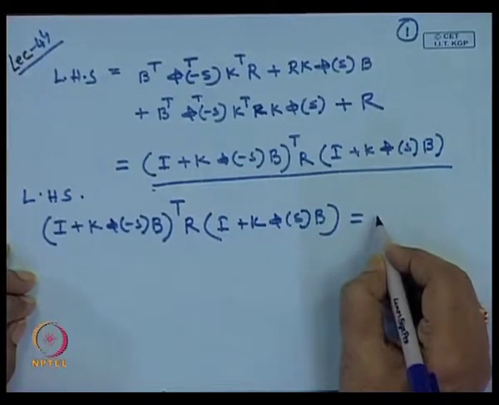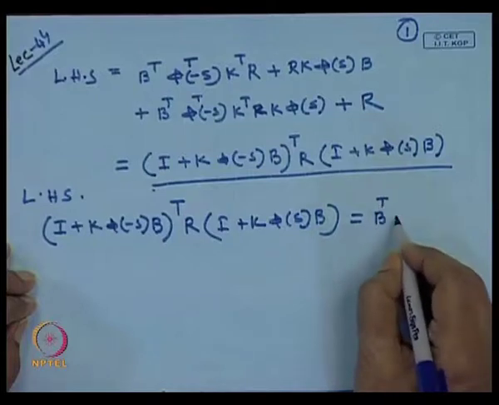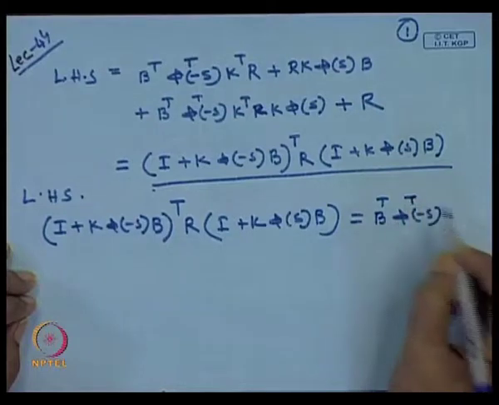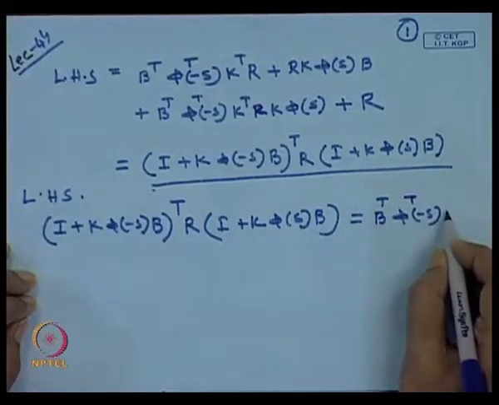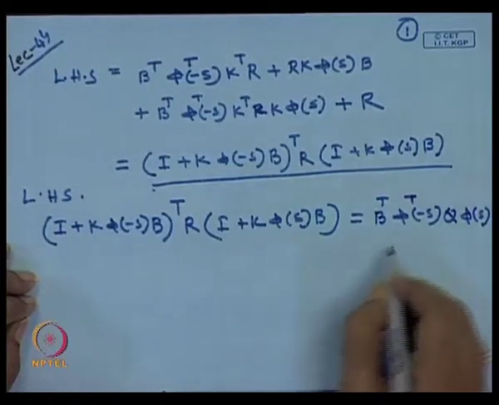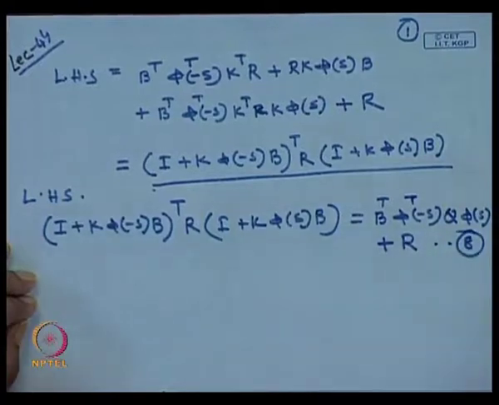The right hand side, what we got, is B transpose phi minus S transpose Q phi of S plus R. Let us call this equation number 8.